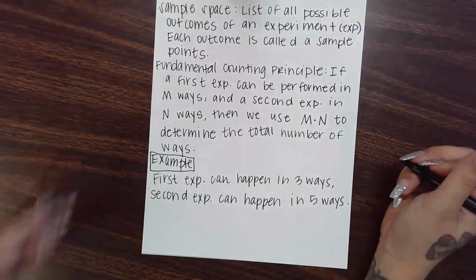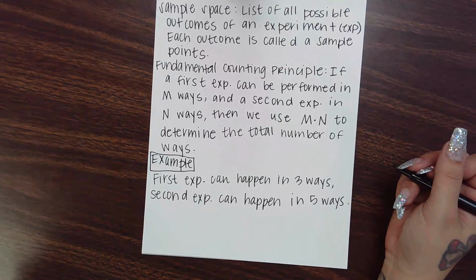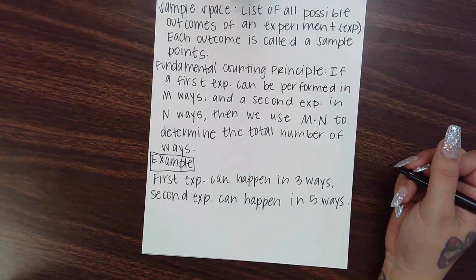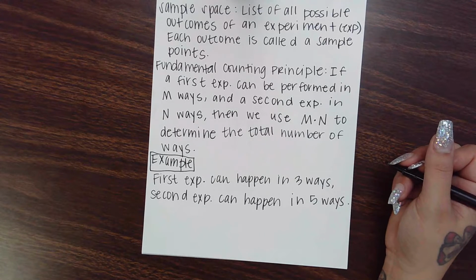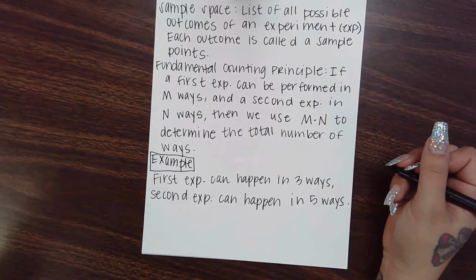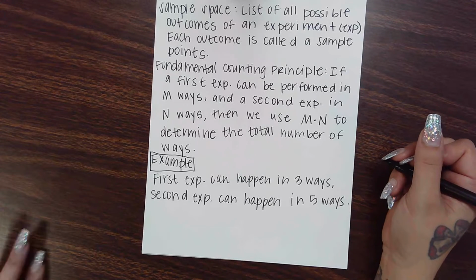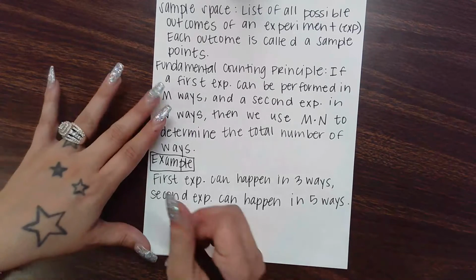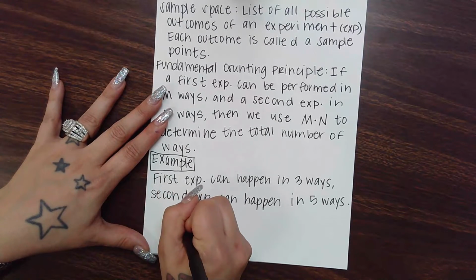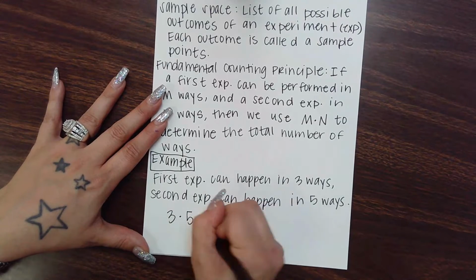You'll see the word distinct in the problems, and I don't want it to confuse anybody, but whatever you get for the number of sample points, which is all of your outcomes, each individual one, whenever you do this multiplication, that ends up being distinct ways that it could happen.